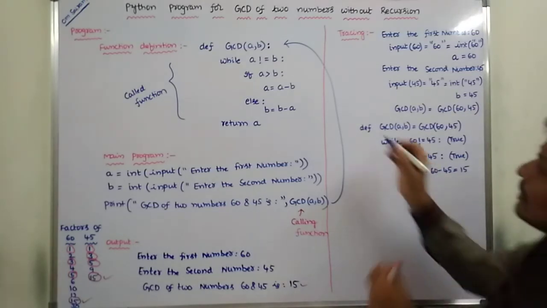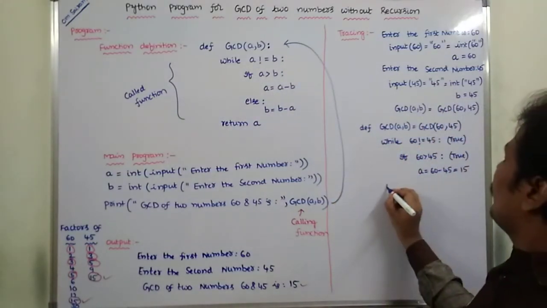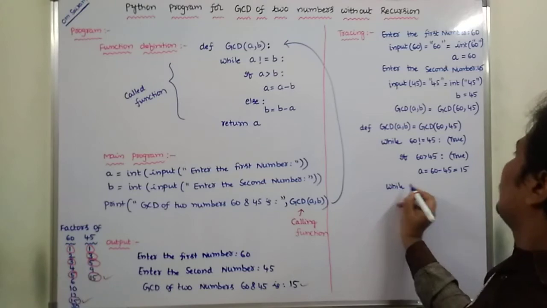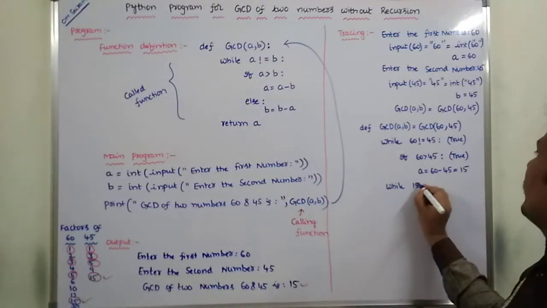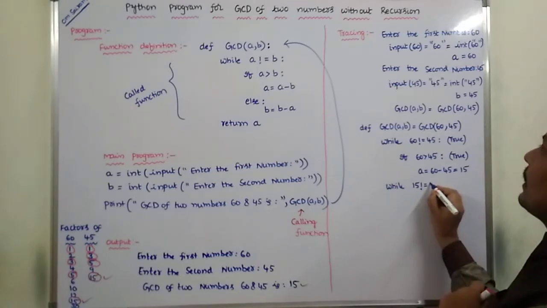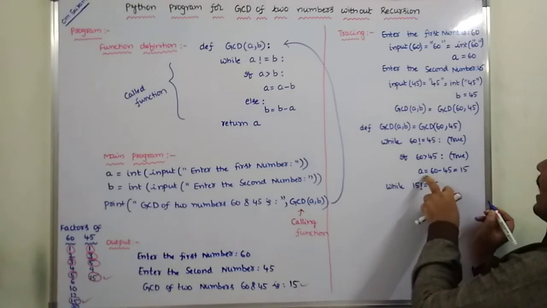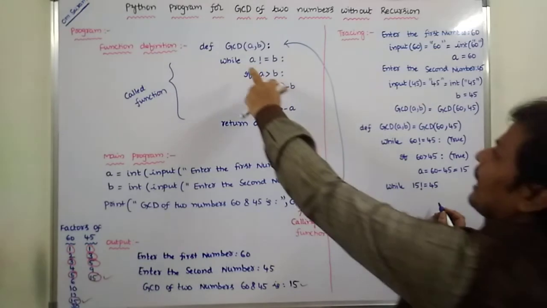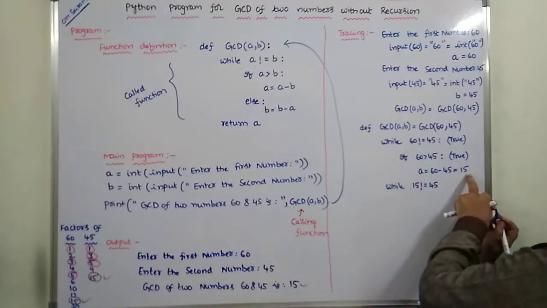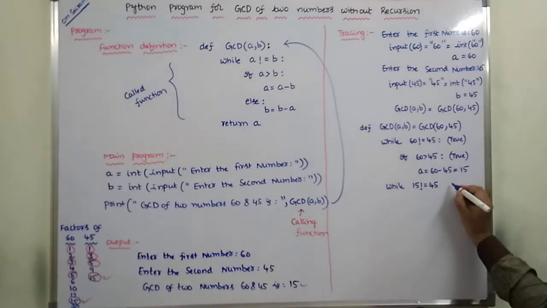Okay. Again, the control goes to the while loop. So now, while a not equal to b: a value is 15, 15 not equal to 45. B value has no change, only a value changed: 60 minus 45 is 15. So this is true.